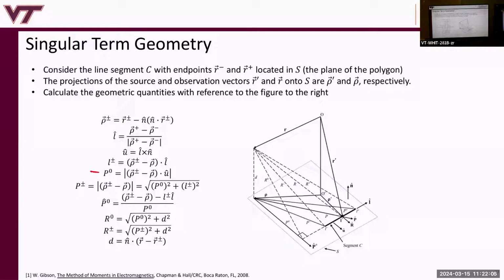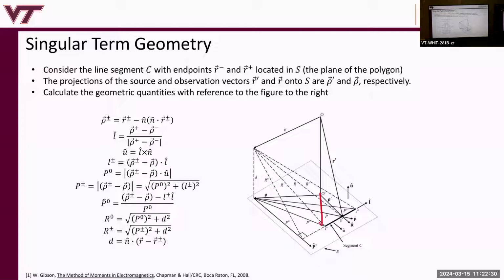P0 now is nothing but rho plus minus rho. So here's rho plus, it goes to here. Minus rho, I'm sorry, let's say rho minus.